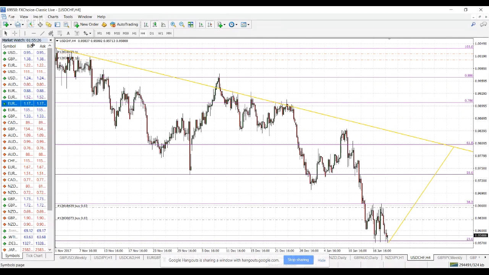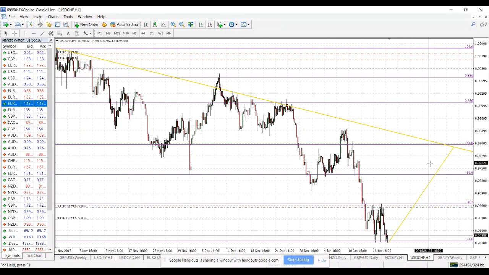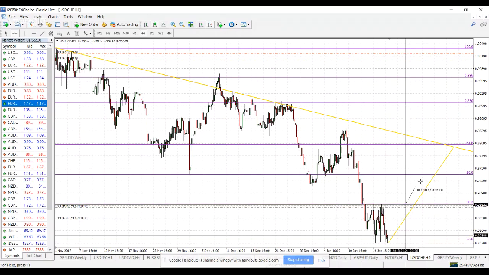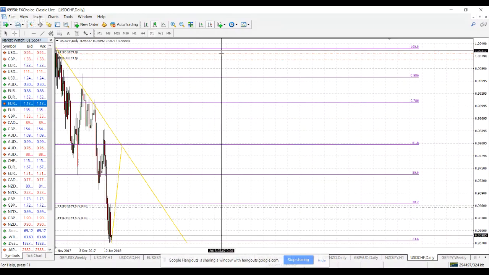So even before price goes down further into a downtrend, we'll be able to at least get out of this trade in profit, and hopefully we'll catch a good 100, maybe 150, 200 pip move. And then if we get the breakout, we'll catch a bigger move to the upside.